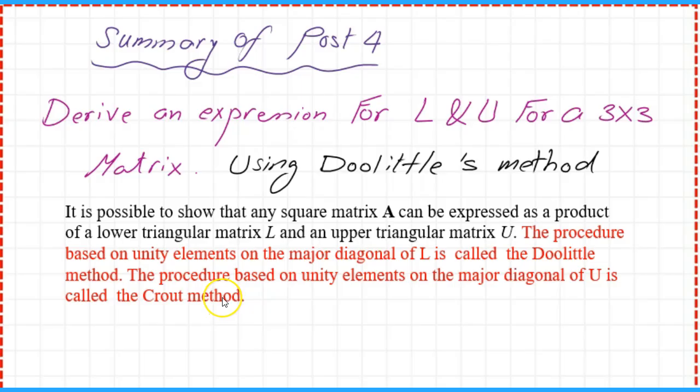The procedure based on unity elements on the major diagonal of L is called the Doolittle method, in which we have the lower matrix with 1, 1, 1 on the diagonal in the case of 3 by 3. The procedure based on unity elements on the major diagonal of U is called Kraut's method, for which we have U11, U22, U33 equal to 1. This is the Kraut. We move to the next slide.